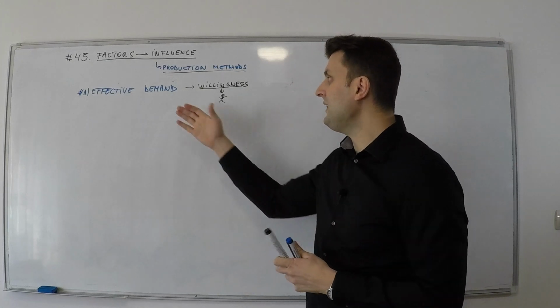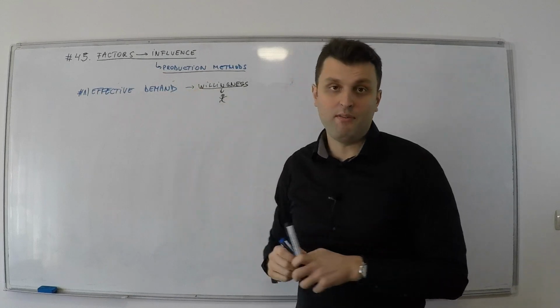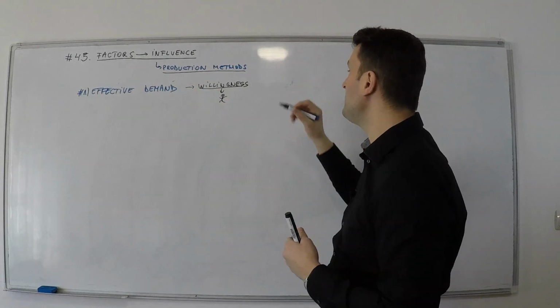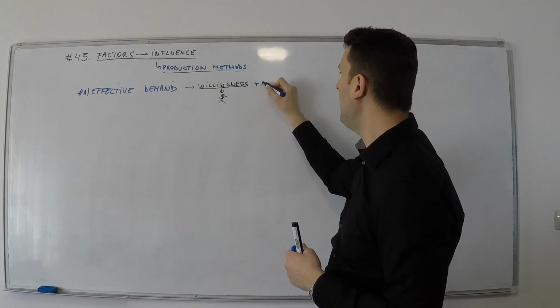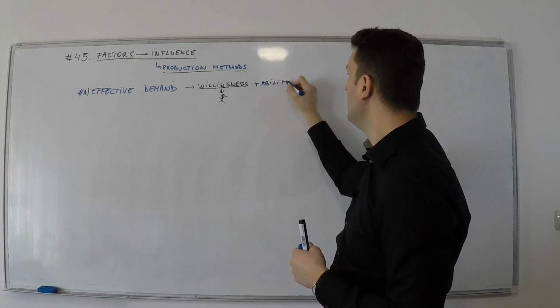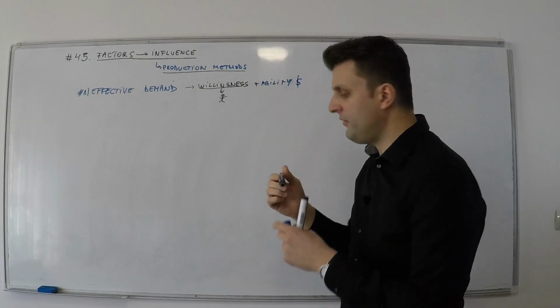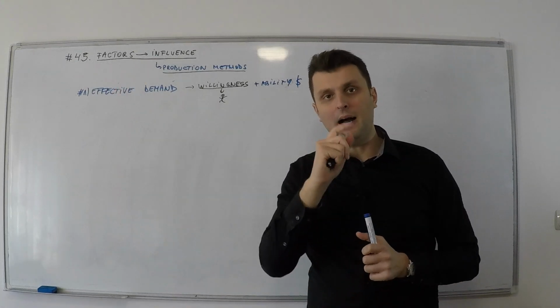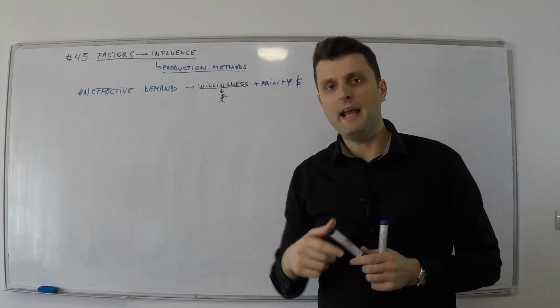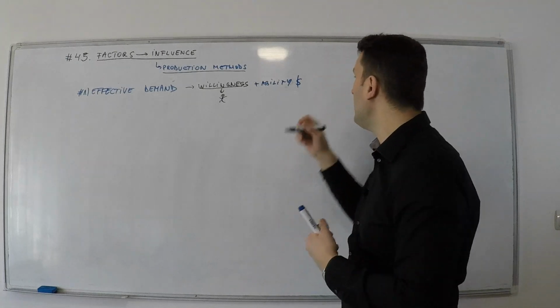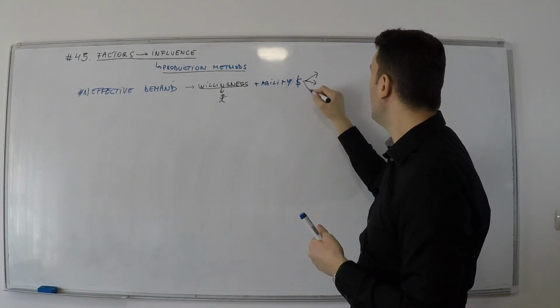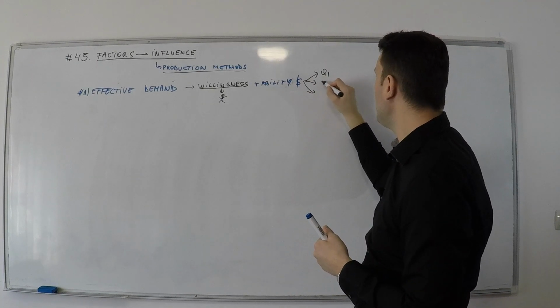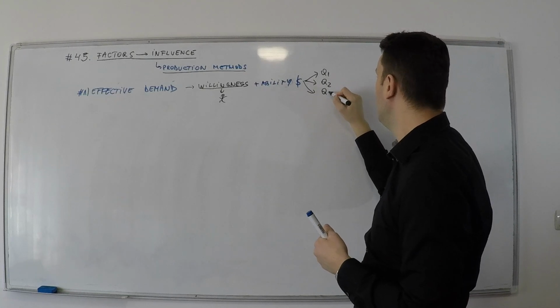When it comes to effective demand, and this is the huge difference between effective demand and demand in general, besides willingness, they also have the ability. So better said, they have the financial ability to pay for your product, and they're going to buy it. Not only that they're going to buy it right now, they'll be able to afford it regardless of how prices change in the following quarters.